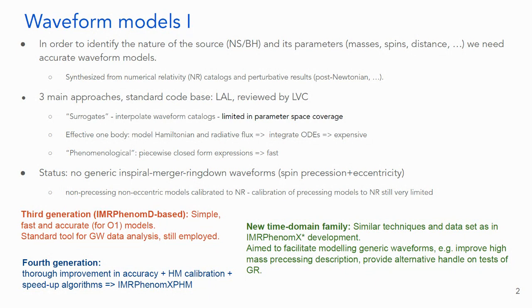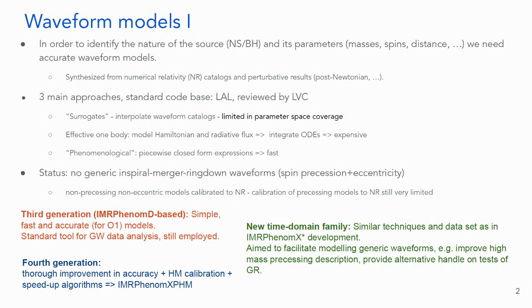So just a quick overview about the current status of phenomenological waveform models. During the O1 period, there were the third generation phenomenological waveform models, which were simple and accurate enough for the sensitivity of the detectors at that time. However, for O3, we needed much more accurate waveforms. And here becomes the importance of the fourth generation phenomenological waveform models, which include much more accuracy, adding also higher modes, mid-frequency for precession, and speeding up algorithms.